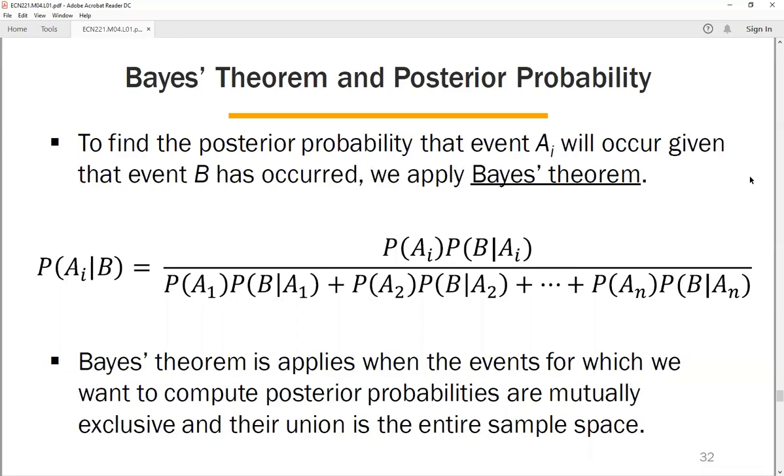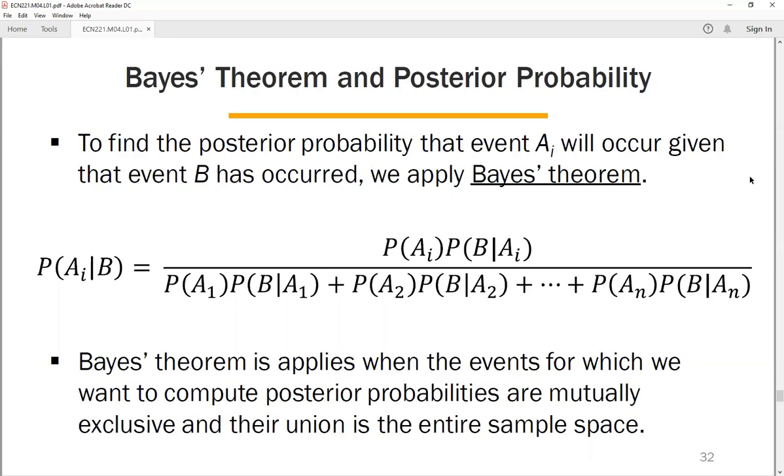we've got a fairly long expression, but in the numerator it's the marginal probability for A sub i times the conditional probability of B given A sub i. And then in the denominator, we've got to sum up all of those terms. And what are those terms? They're the marginal probabilities for the events A, where here A has, in this example, n different possibilities.